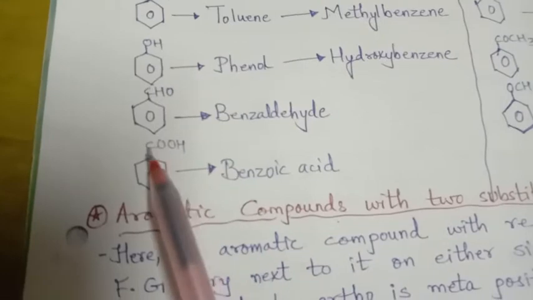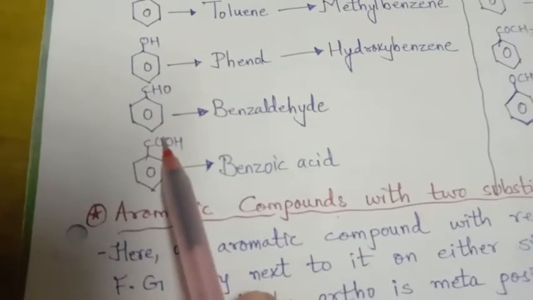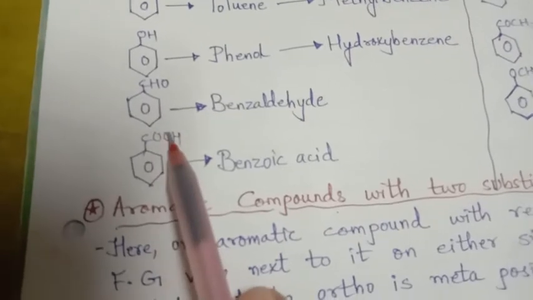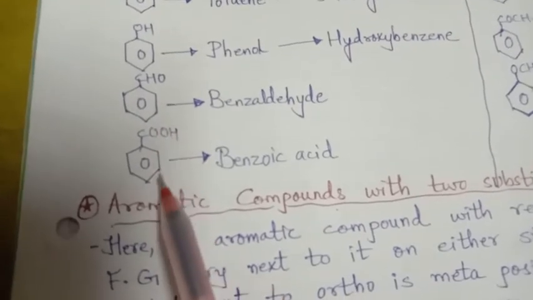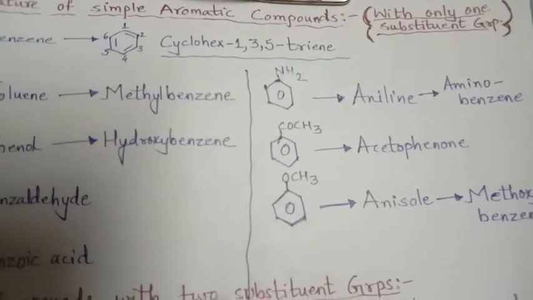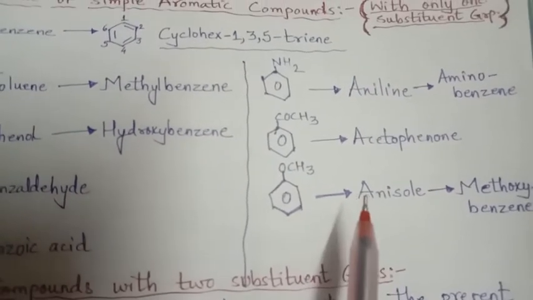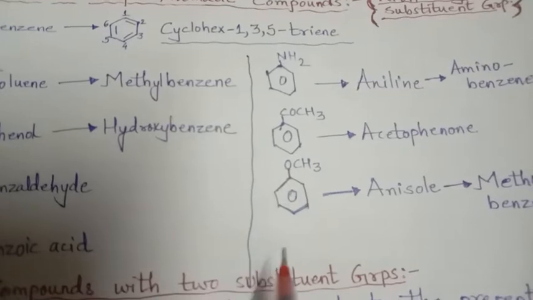Then this is our COOH group, that is the oic acid, benzene with carboxylic acid, so it will be benzoic acid. You have to keep this in mind, so read it again and again. We will not be in a hurry. We will go with the proper method of nomenclature.